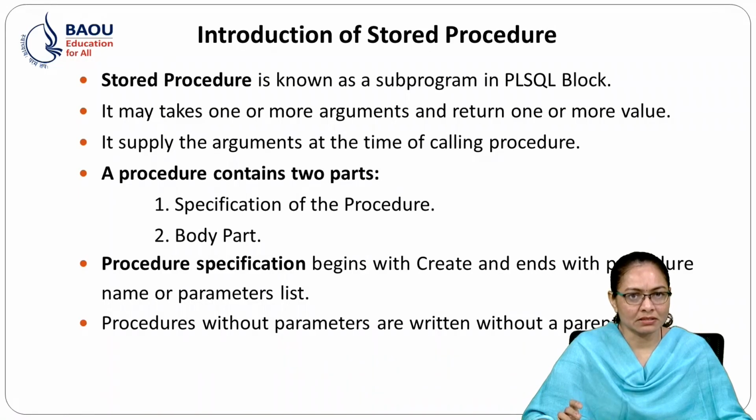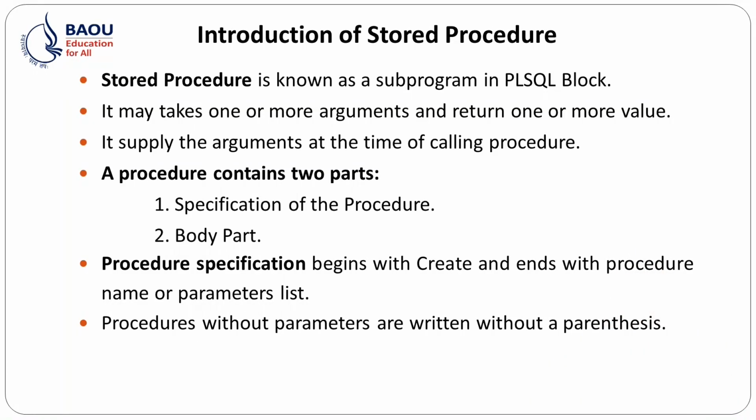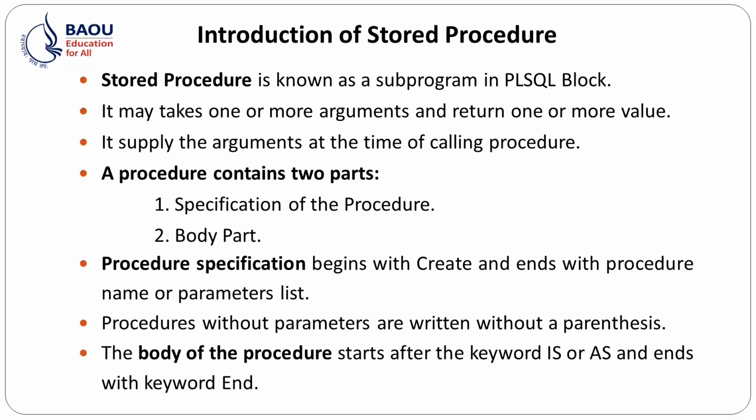The procedure without parameters is written without the parenthesis. And the body part means the body of the procedure starts after the keyword IS or AS and ends with the keyword END.